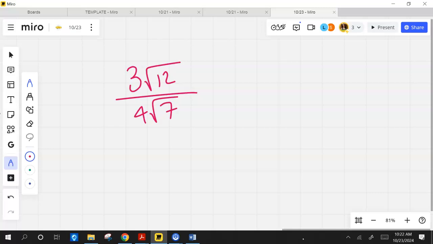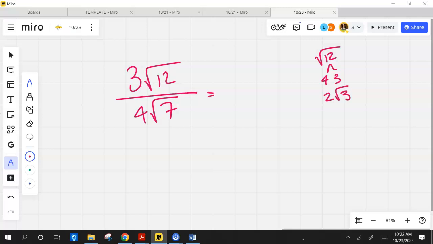What am I going to do? Some of you are looking at the problem going, wait, what? I can't do anything, so I can't simplify anything as is. I might could simplify this 12, right? The square root of 12, I could simplify to 4 and 3, which would be 2 root 3.